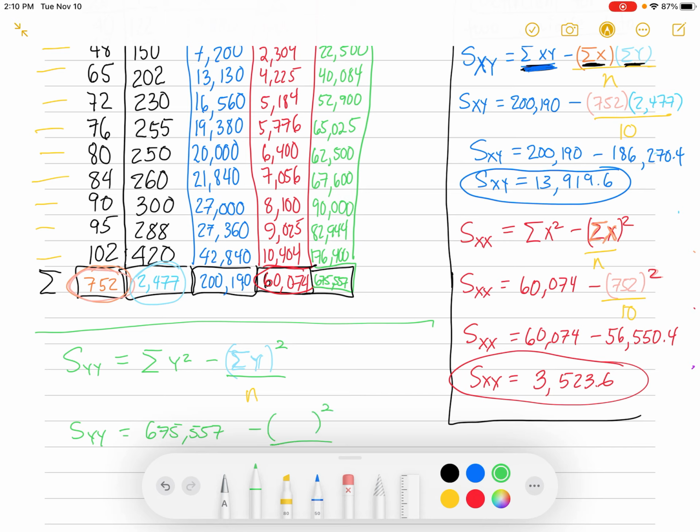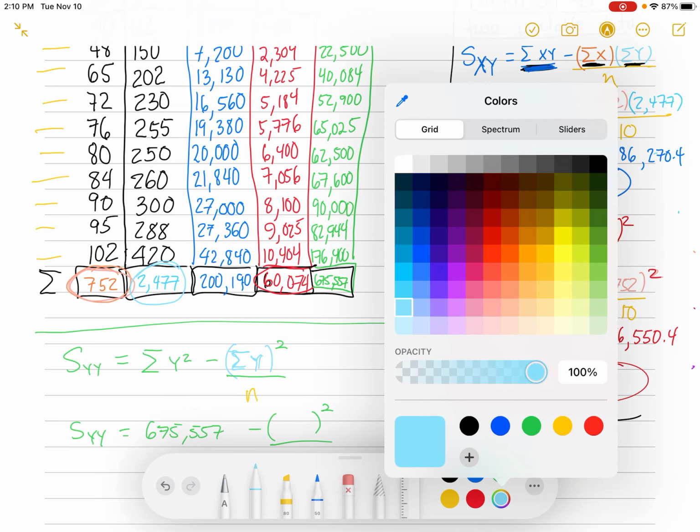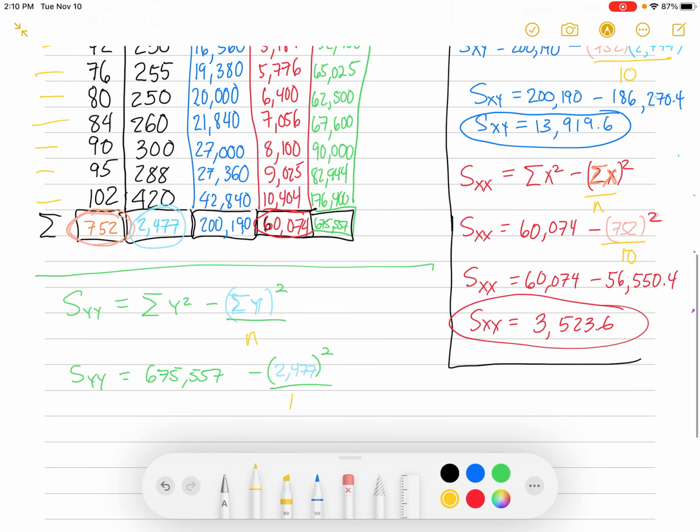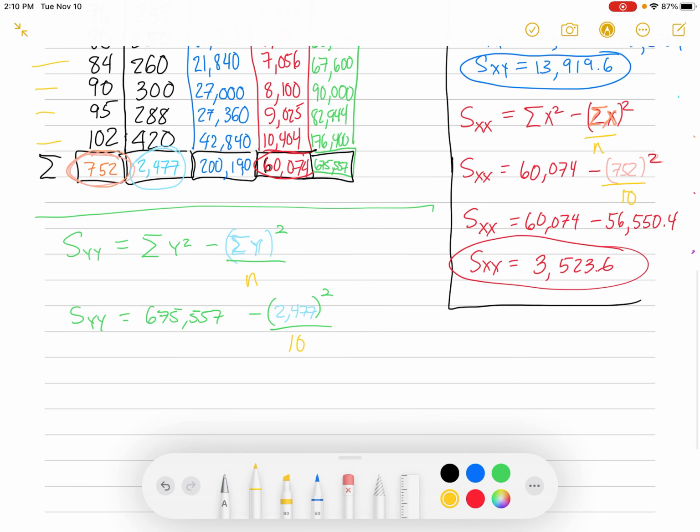blank squared over n. What's the sum of the y's? The sum of the y's is that kind of baby blue color we had earlier. It's 2,477. And all that's divided by 10, right? 10 was the number of sample points, number of skyscrapers. So we have SYY equals 675,557 minus, let's take 2,477 and square that.